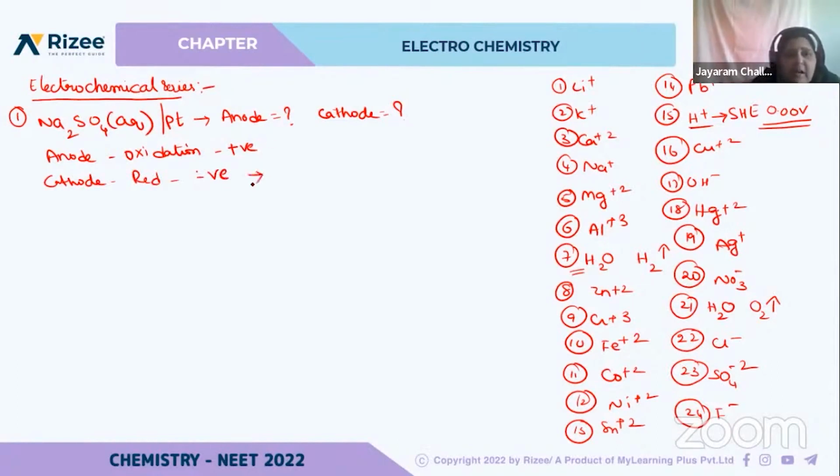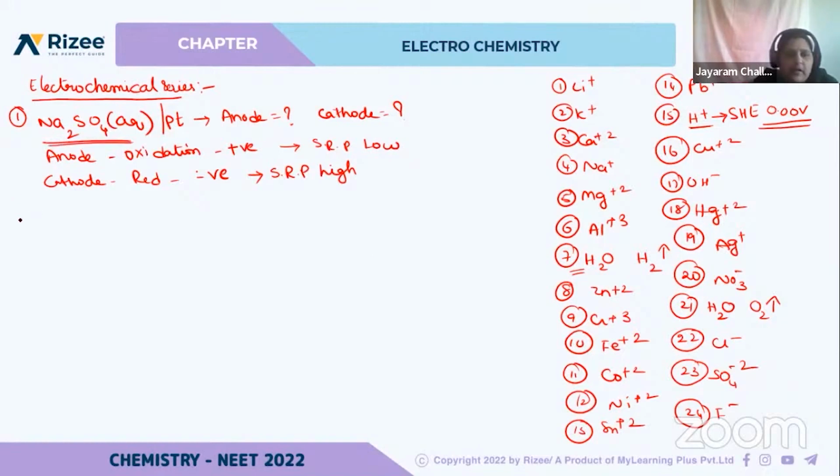When the reduction potential is very high, there is a high tendency to reduce, then reduction happens. That means SRP will be high. And anode oxidation when SRP is low. These are the basic things.